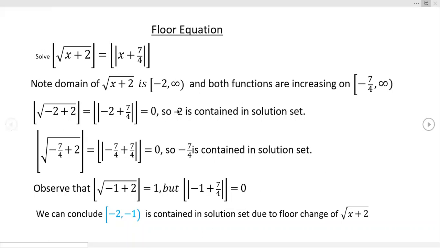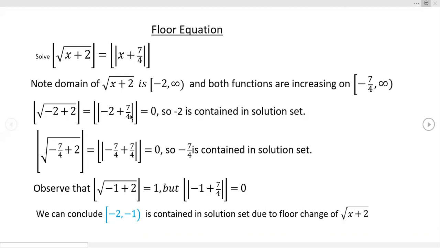Now, since we can't start at a number less than negative 2, we might as well start at negative 2. And if you substitute negative 2 into both of these equations, this is the floor of 0, which is 0. The floor of any natural number or whole number is the whole number. Then right here, minus 2 plus 7/4, that's minus 1/4.